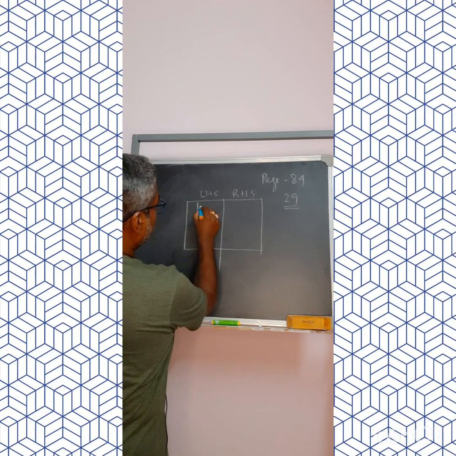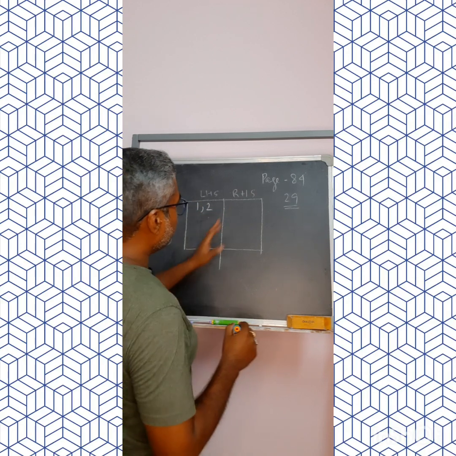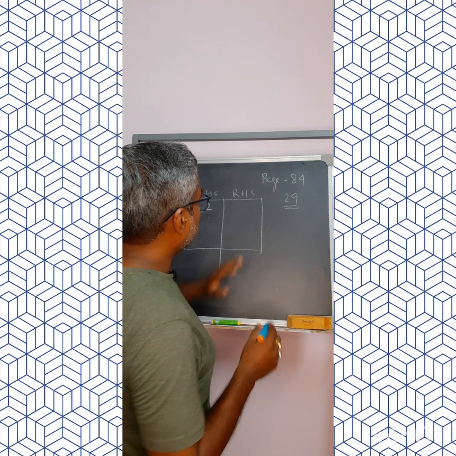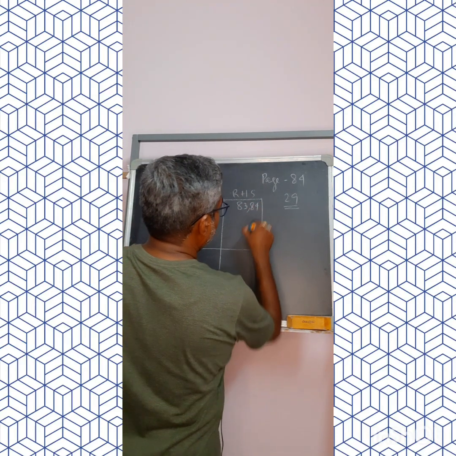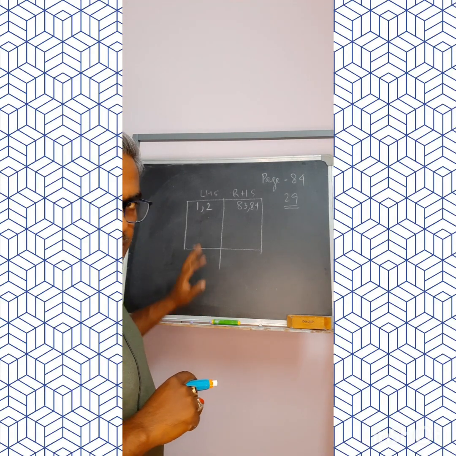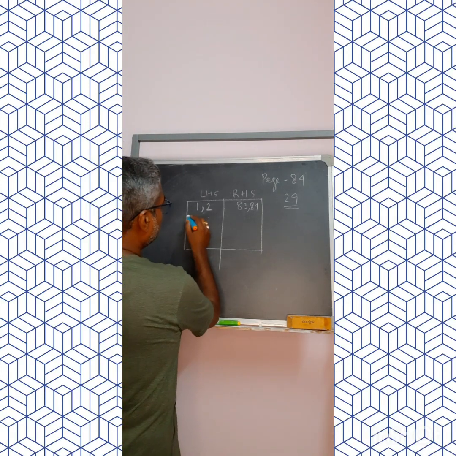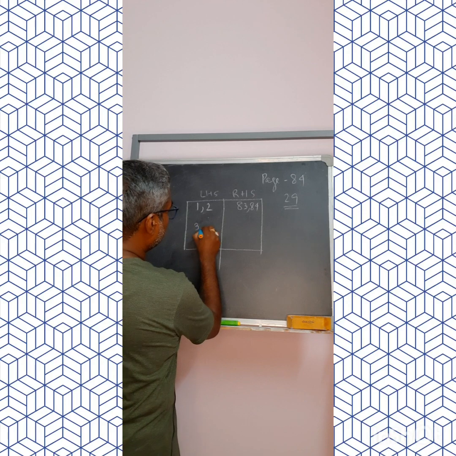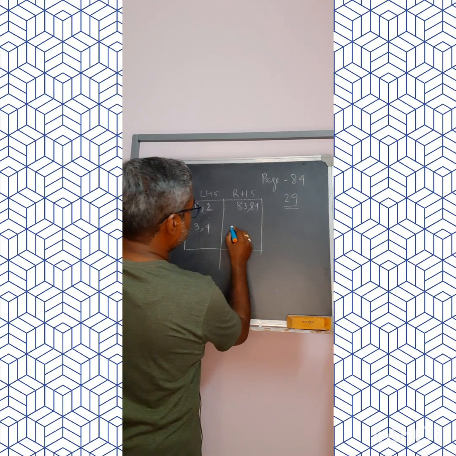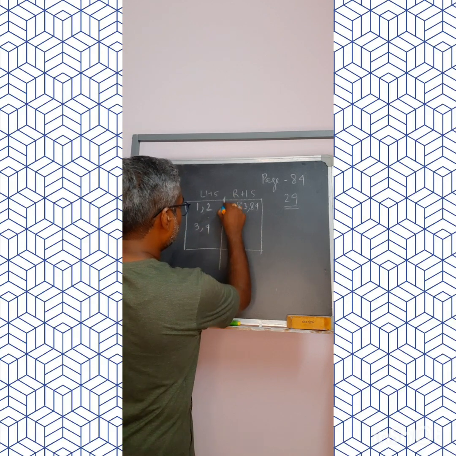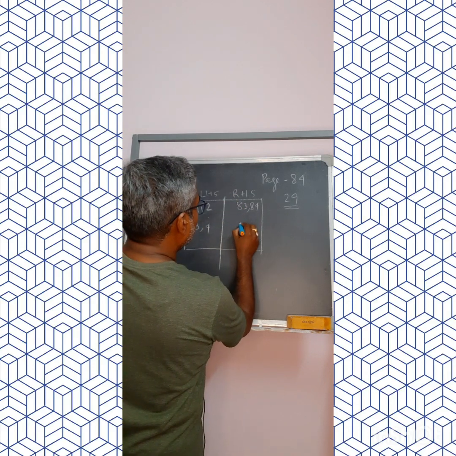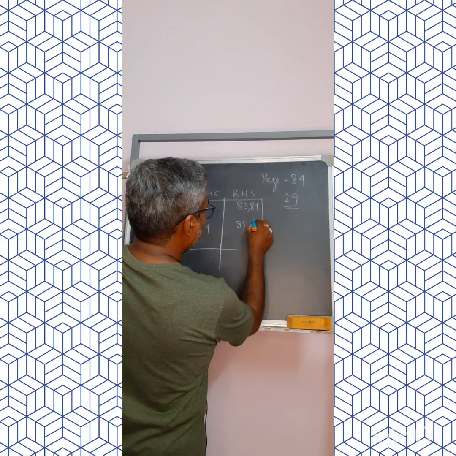If I take the first page, it will carry 1 and 2, and the same page on the right hand side will carry the page numbers 83 and 84, isn't it? And if I take the second page, it will carry 3 and 4, and similarly the numbers will increase on one side and decrease on the other up to the center point, and it will be 81 and 82.